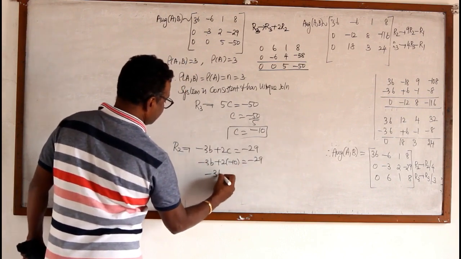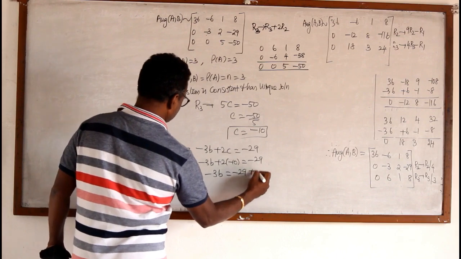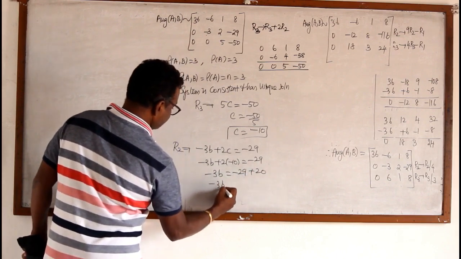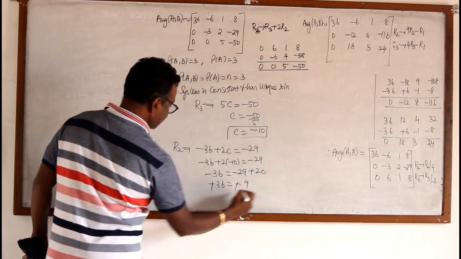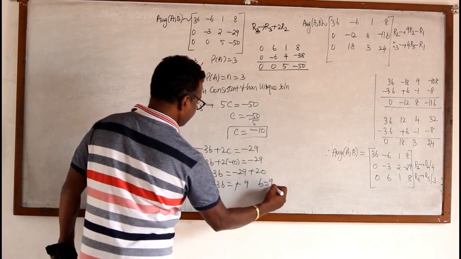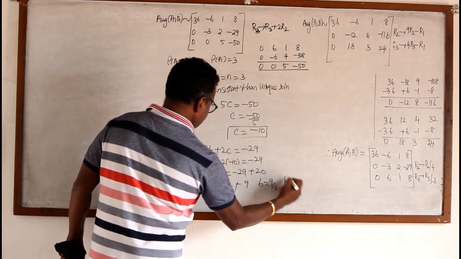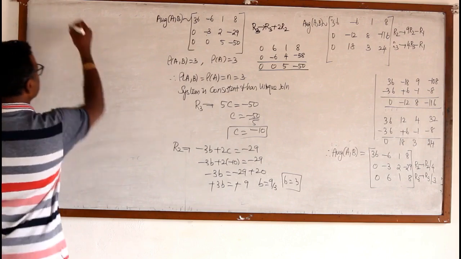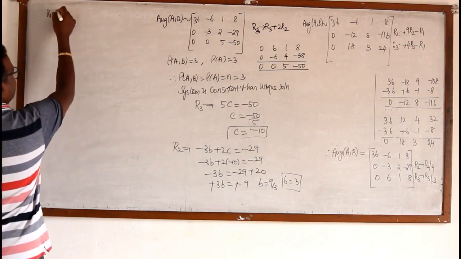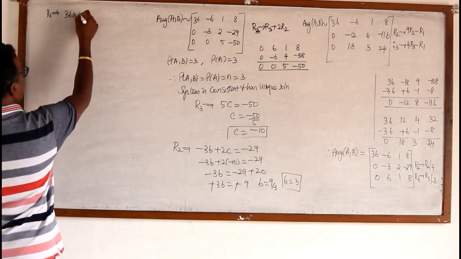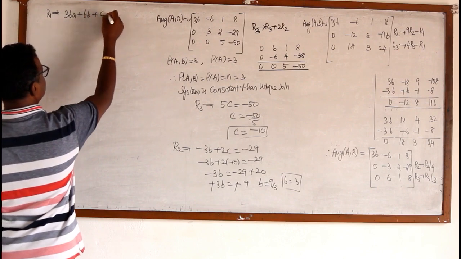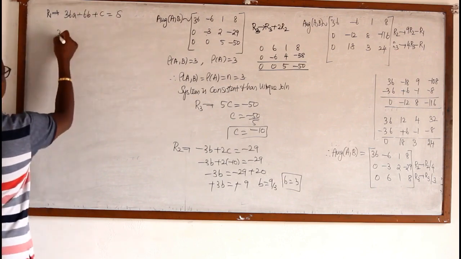Minus 20, take it to the other side, plus 20. Minus 3B is minus 9. C cancels, B equal to 9 by 3, B equal to 3.